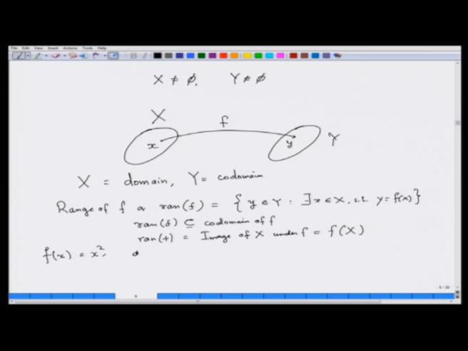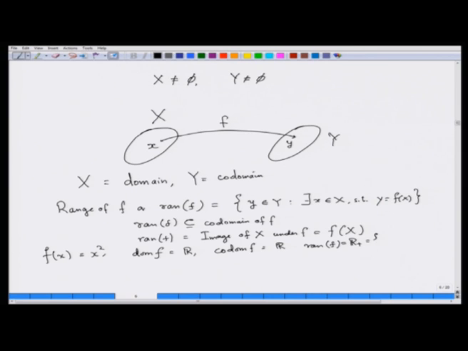So, domain, which I now write in short form as dom f, is R, and the codomain of f, which I write as codom f, is also R, but the range of f is not R, because it only gives me non-negative numbers.